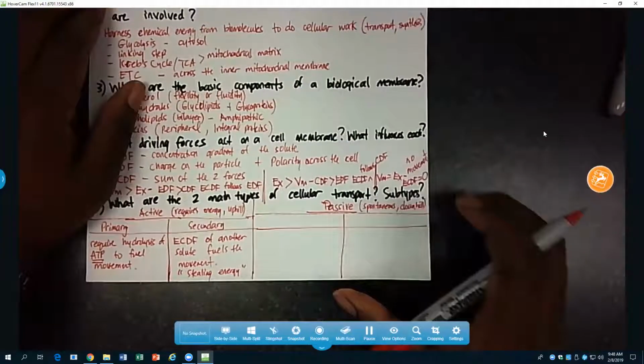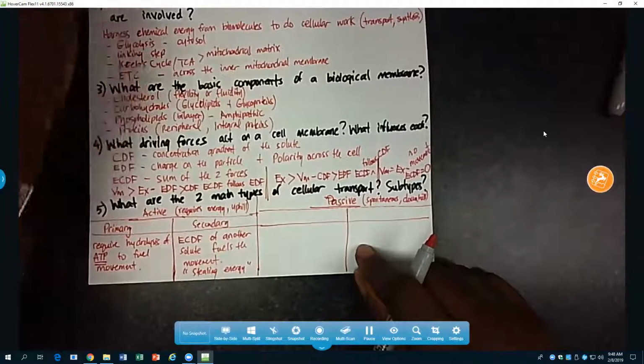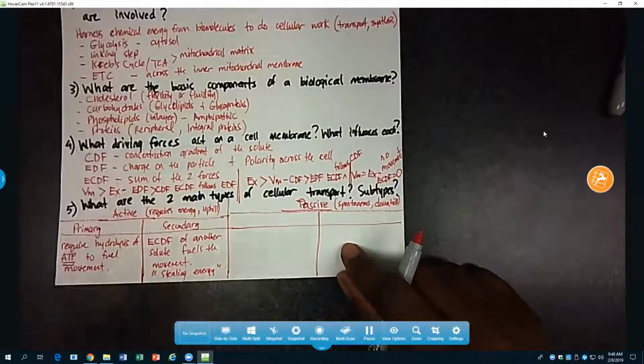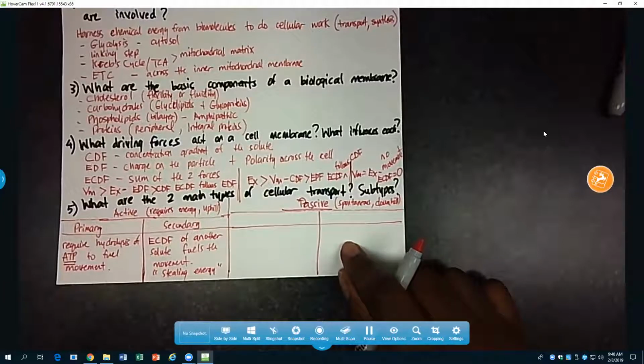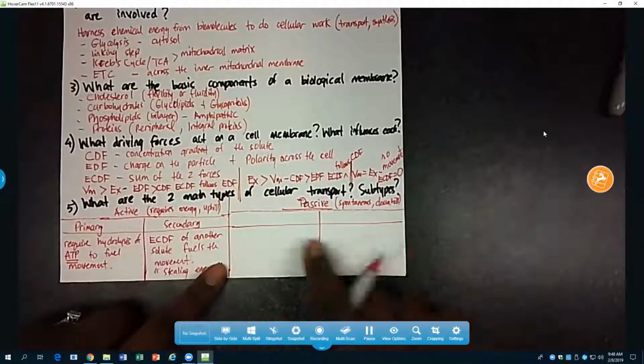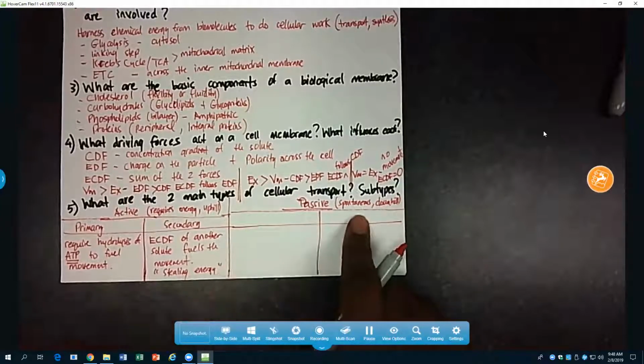Let's talk about passive transport. So we said it's spontaneous, or it's downhill, meaning that it's not going to require energy. Right, as we saw here, it's actually going to generate energy. So what were the two subtypes of passive transport?